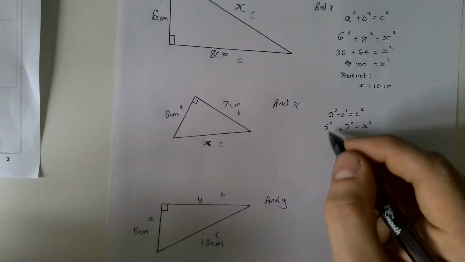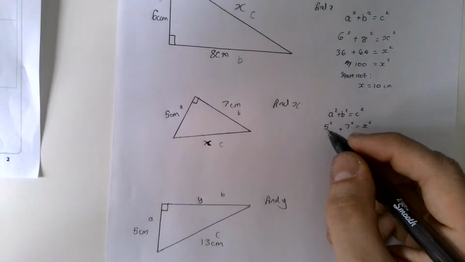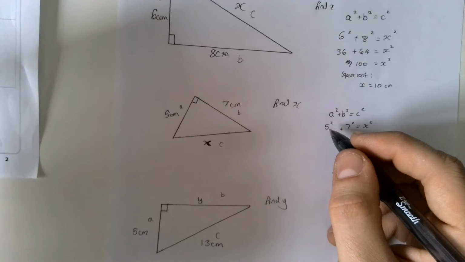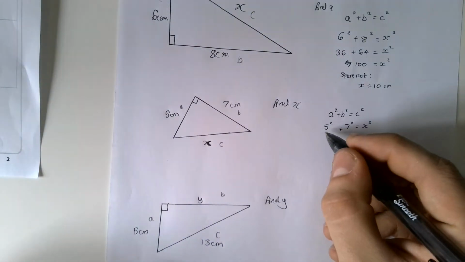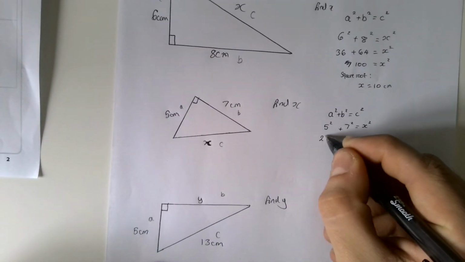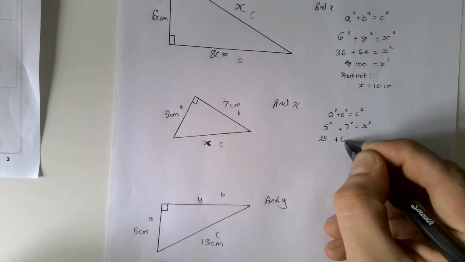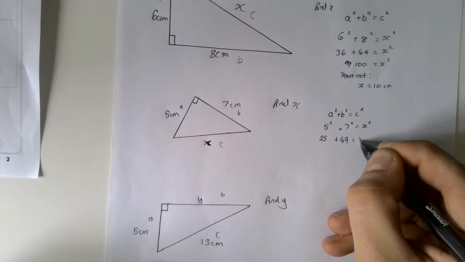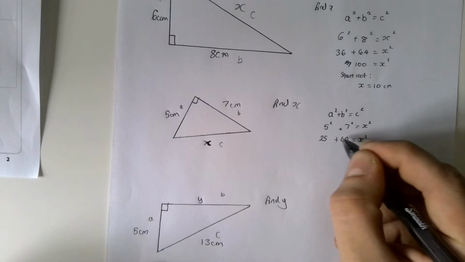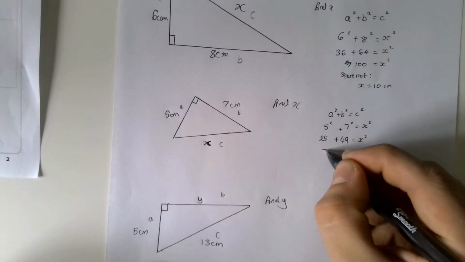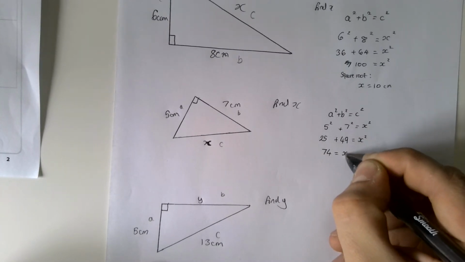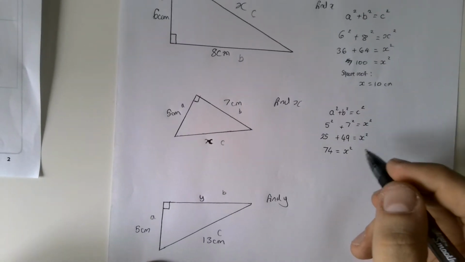I can do these without a calculator, but any future calculations will need my calculator. So 5 squared gives me 25, 7 squared gives me 49, and that is equal to x squared. I'm going to add these two together to give me 74, which is equal to x squared.